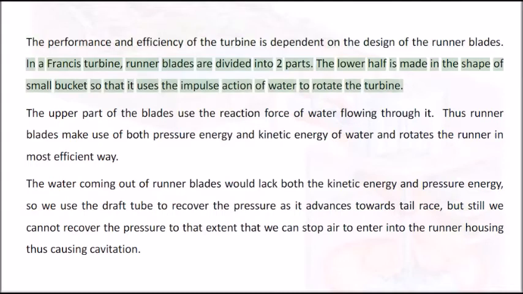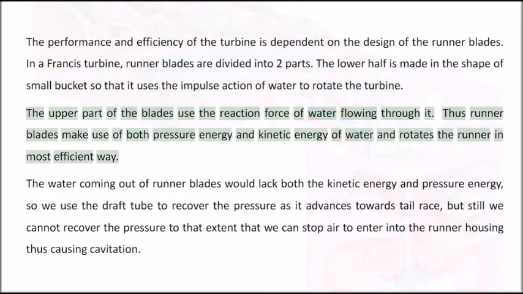In a Francis turbine, runner blades are divided into two parts. The lower half is made in the shape of small buckets so that it uses the impulse action of water to rotate the turbine. The upper part of the blades uses the reaction force of water flowing through it.